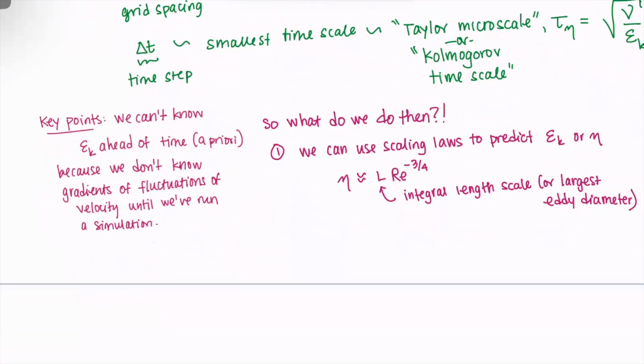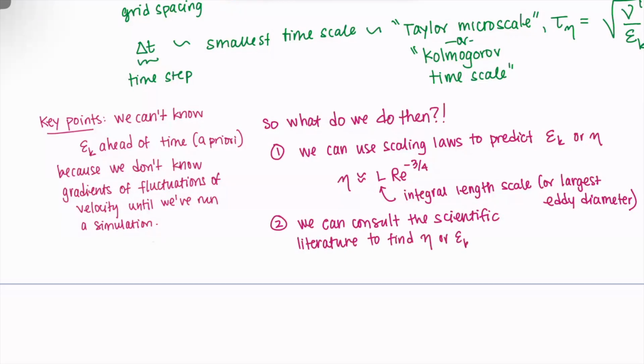So that's one choice. The other thing that we could do is consult the scientific literature to find eta or epsilon k from similar studies or experiments.